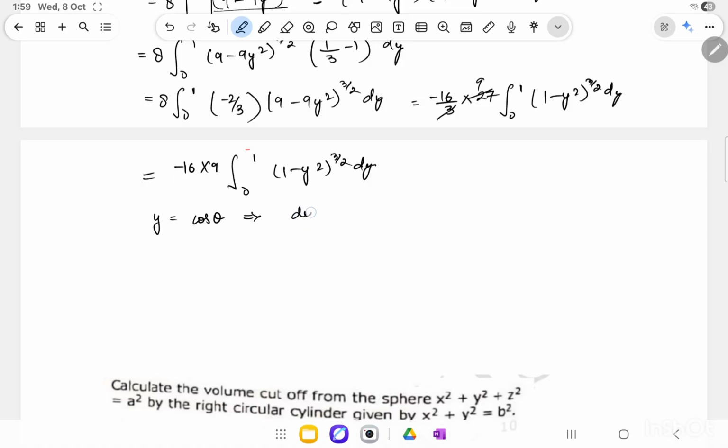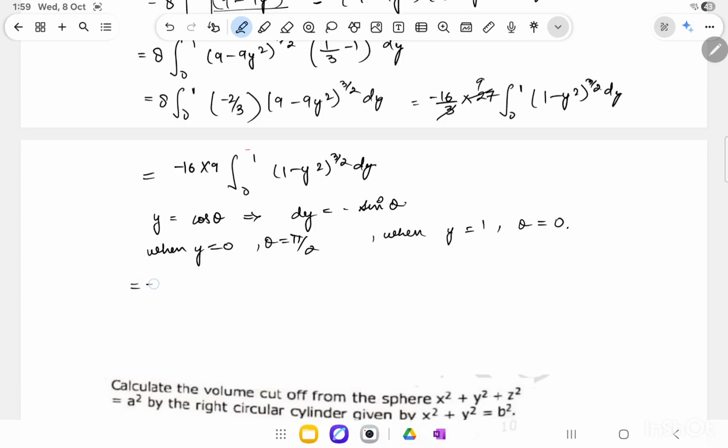So from here dy will be −sin θ, and when y is 0, θ is π/2, and when y is 1, θ is 0.